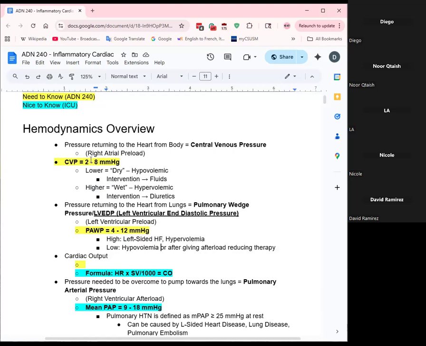So with pulmonary hypertension, the right side of the heart is now having a hard time fighting the pressure in the lungs and struggling to get as much through due to the high pulmonary arterial pressures, which you can think of like an afterload, because the afterload is what your heart has to fight in order to pass through.